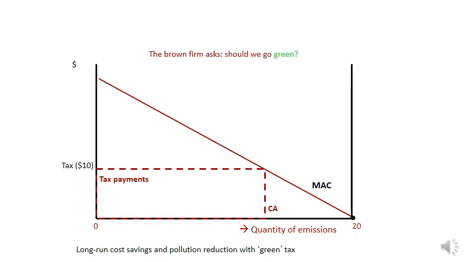Should we invest in some technology or some process that will make our marginal cost of abatement go down? What if they want to make their MAC look more like a green firm? And in this case, we're considering it under a taxation scheme, a green tax. So if they invest in this technology to become a green firm, certainly they'll be paying less in taxes.